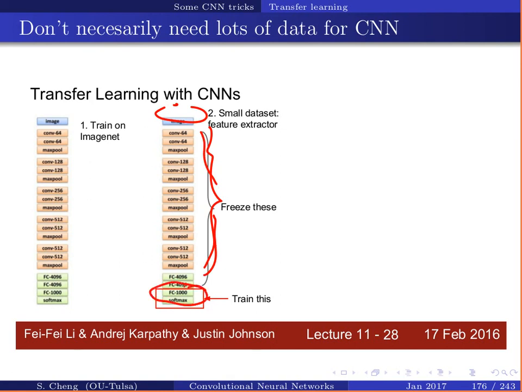For example, if you have a different classification problem, instead of 1,000 classes you only have 100 classes. So you don't need the last fully connected layer with 1,000 outputs, you can change it to just 100 outputs. Then you have something right away. It's probably not the best, but it's something you can use immediately.